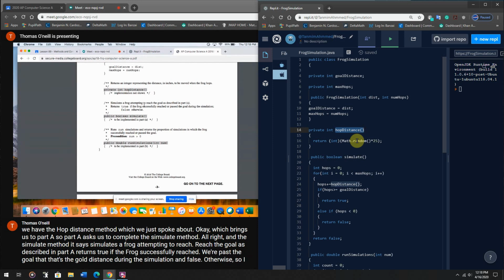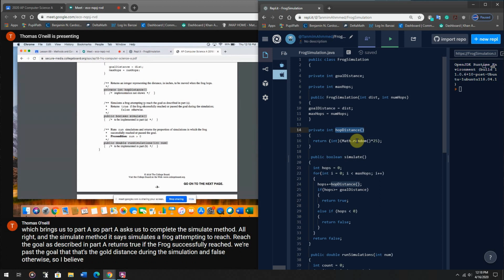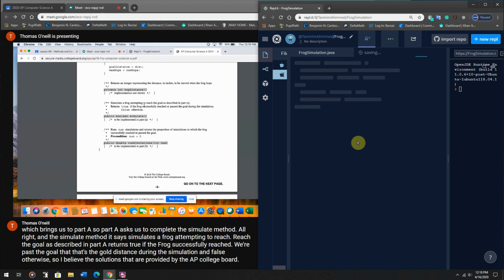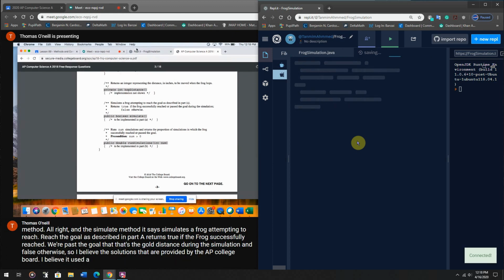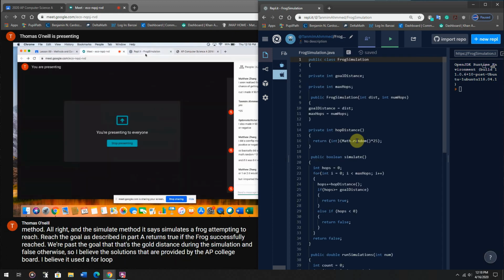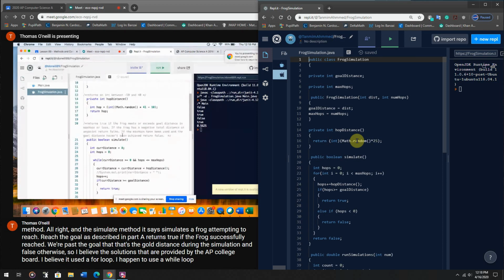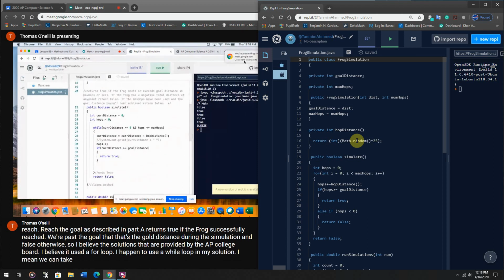So I believe the solutions that are provided by the AP College Board used a for loop. I happen to use a while loop in my solution, and we can take a look at the differences between the two.